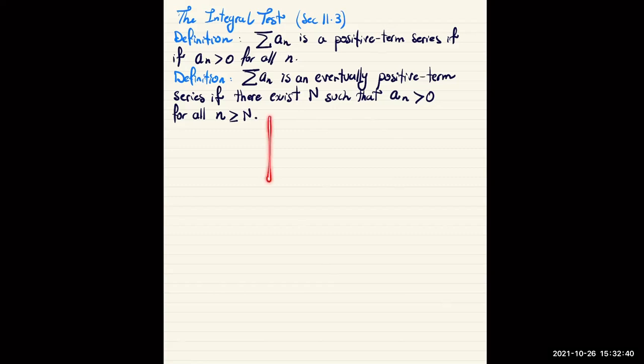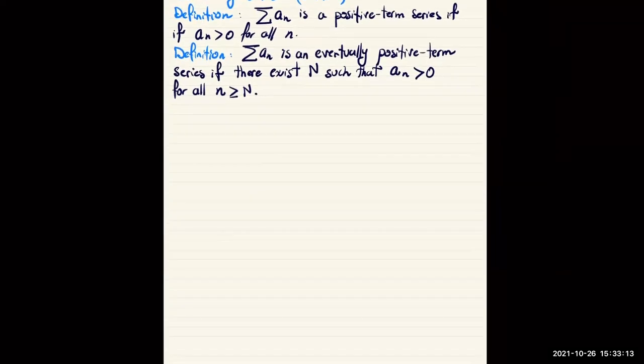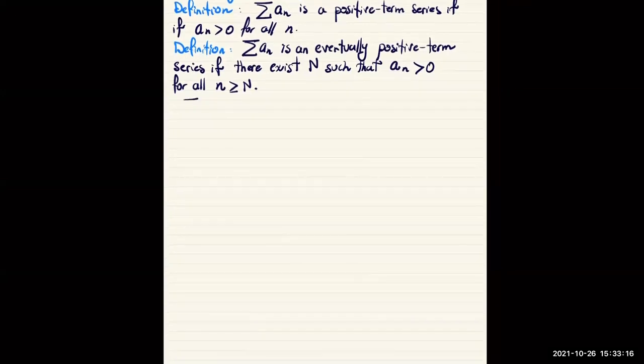This means that if I plug in the terms of the sequence a sub n, sometimes it is positive, sometimes it is negative, but eventually there exists a capital N such that after this capital N, all the terms are positive and remain positive. Here, I could write this out for you in expanded form.